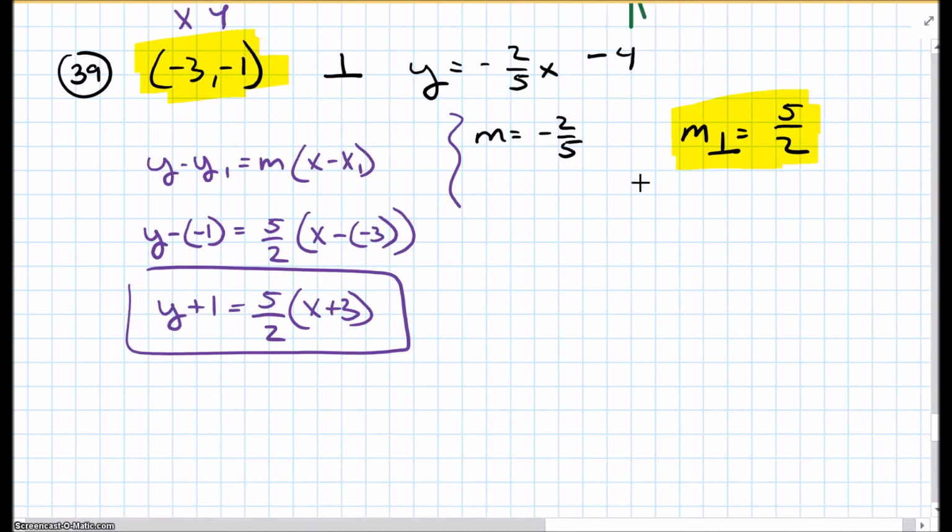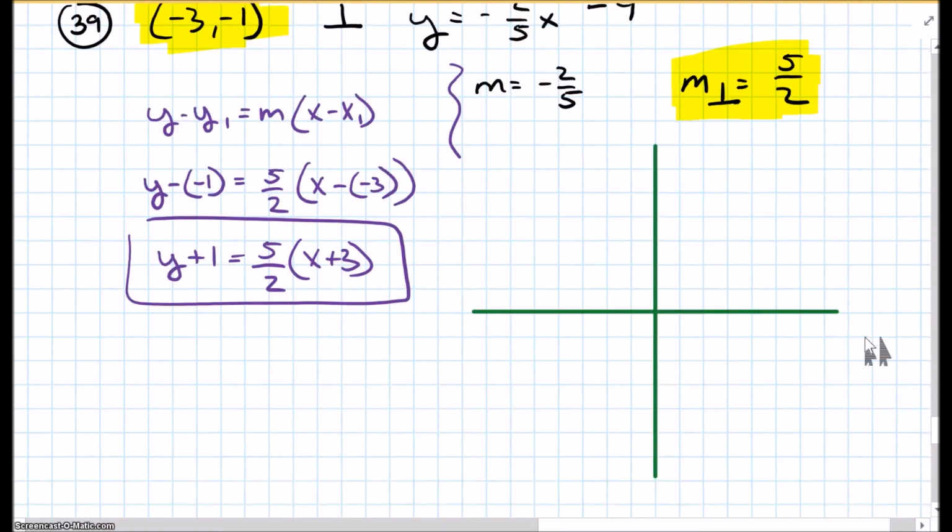So let's graph. We have a point (-3, -1): left 3, down 1. So there's the point. Our slope is 5 over 2, so the rise is 5: 1, 2, 3, 4, 5, and over 2.